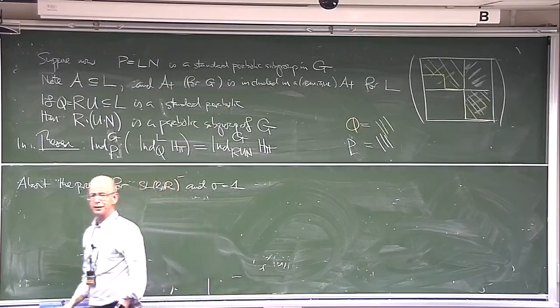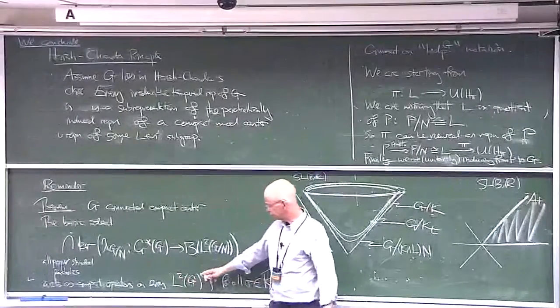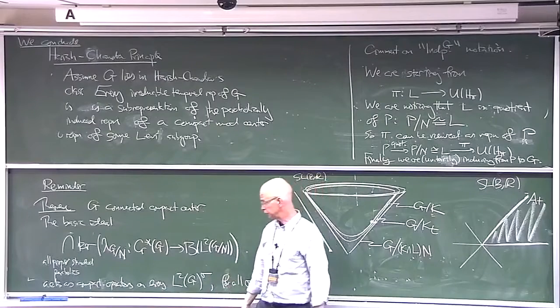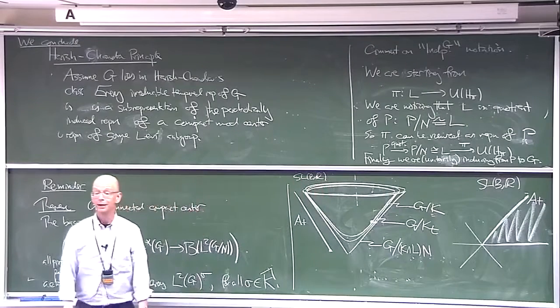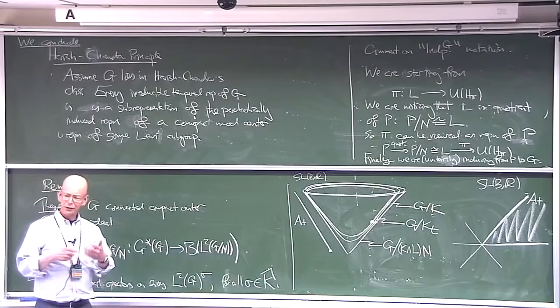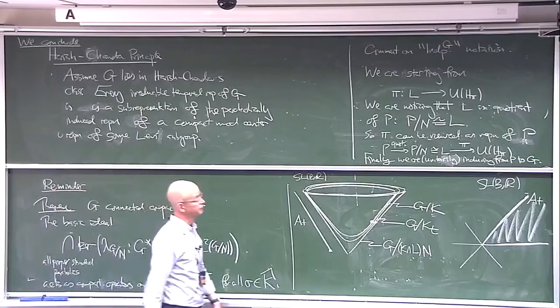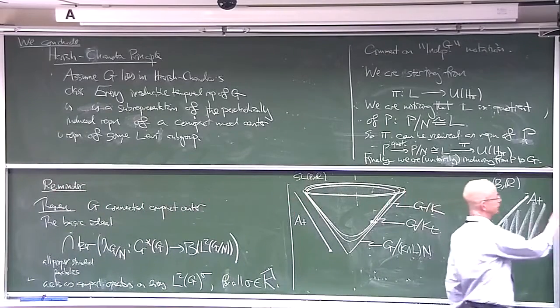And for simplicity, let's just take the trivial representation. So this L2 of G mod sigma just means L2 of G mod K in that situation. We don't have to worry about vector bundles, some auxiliary finite dimensional data. I'm just going to make it disappear by making this assumption.